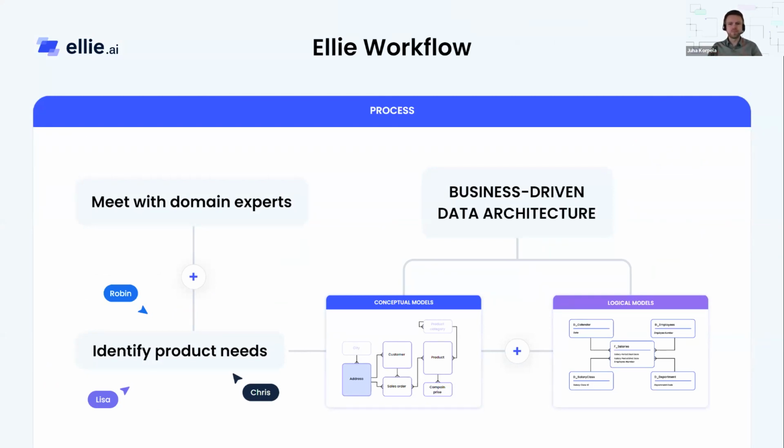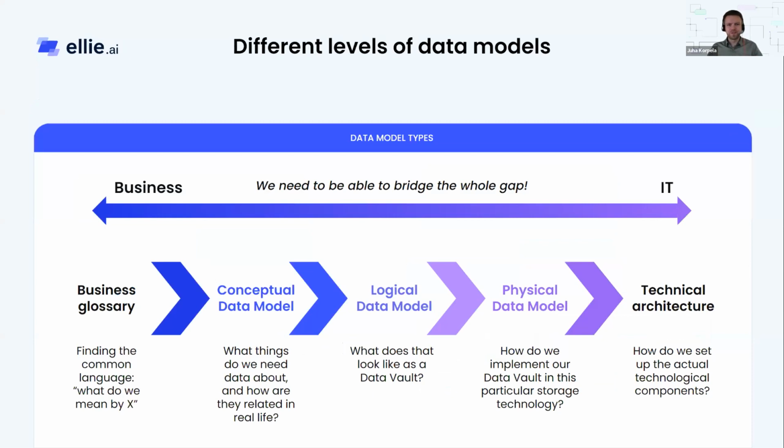So if we consider different levels of data models, I'm not going to go into all sorts of methodological nuances here, but for us, how this works is that there's a business IT gap, really, which we aim to bridge with different sorts of data models. And on the left-hand side there, you see that the business glossary is an important part of this.